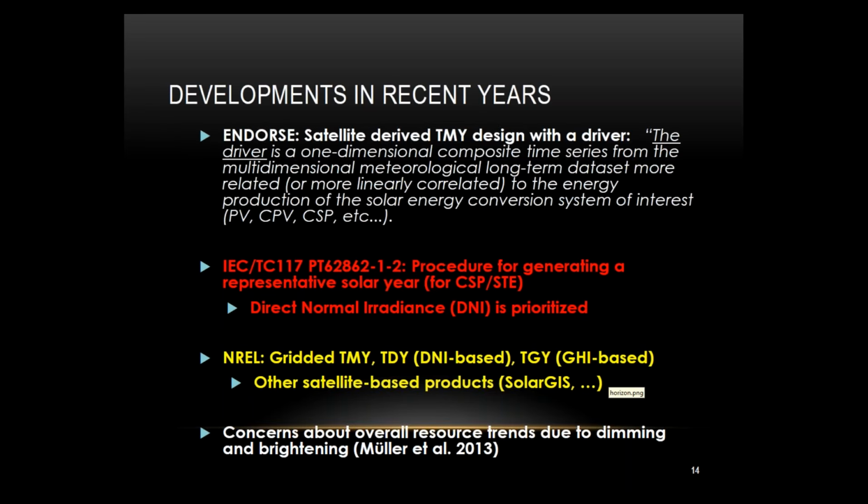And the point is, you cannot get a month where you have all the meteorological data typical at once, so you have to choose. So for instance, if you have concentrated photovoltaic or concentrated solar power, direct normal irradiance is by far the most important parameter, whereas temperature and global horizontal irradiance is more important for solar heating.